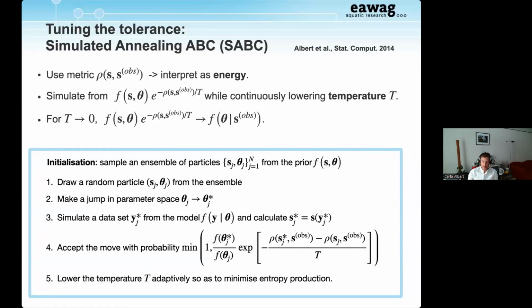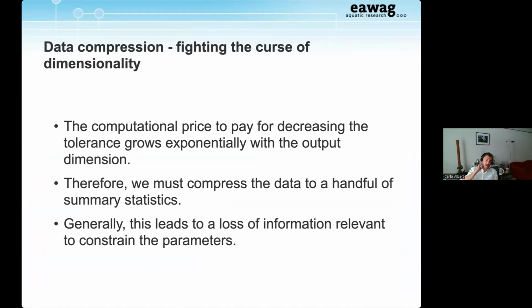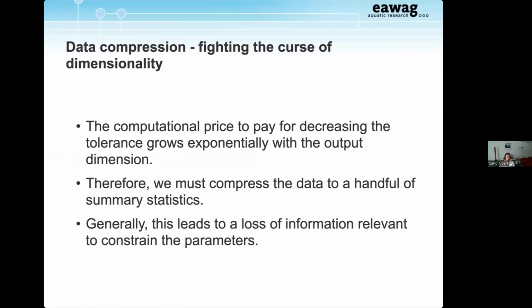But now I would like to focus on the actual topic of today's talk, and that is finding summary statistics. So in a broader context, that's a data compression problem. If you want to lower the tolerance, the computational price grows exponentially with the number of dimensions, because you want to match each of the particular summary statistics at the same time.